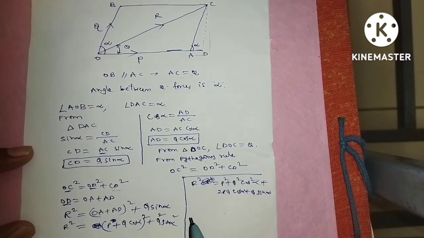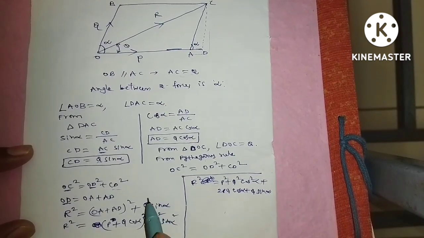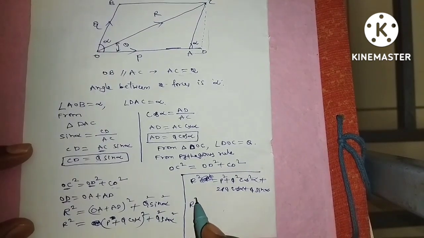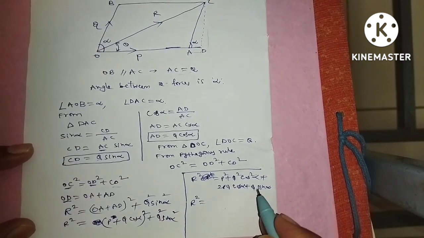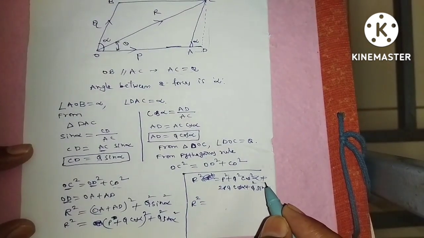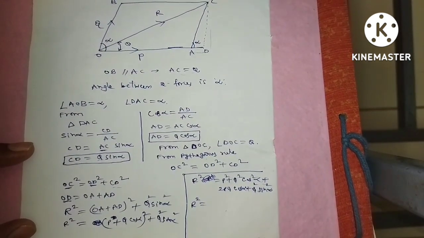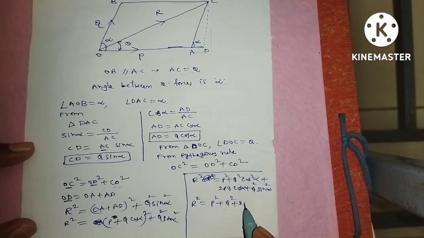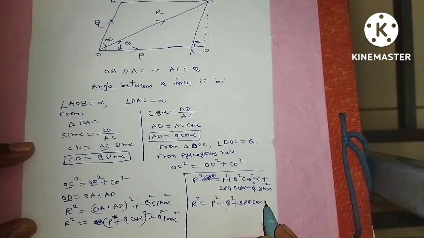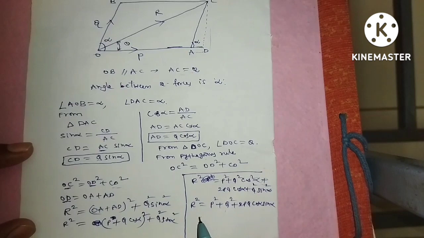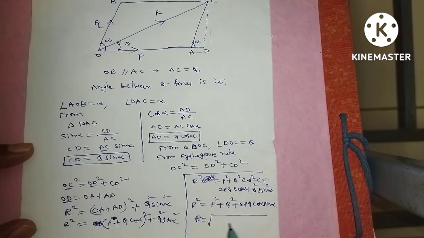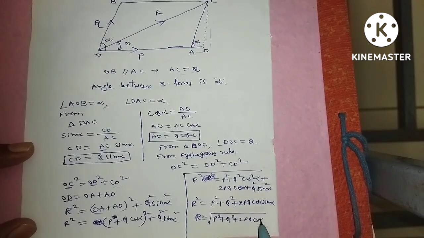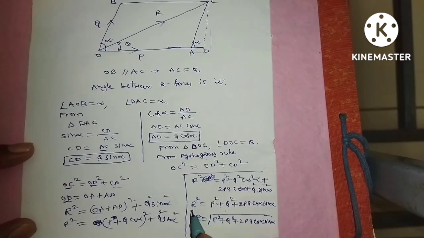Taking Q square common, cos square alpha plus sin square alpha is equal to 1. So finally R square is equal to P square plus Q square plus 2PQ cos alpha. This is the equation for the resultant.